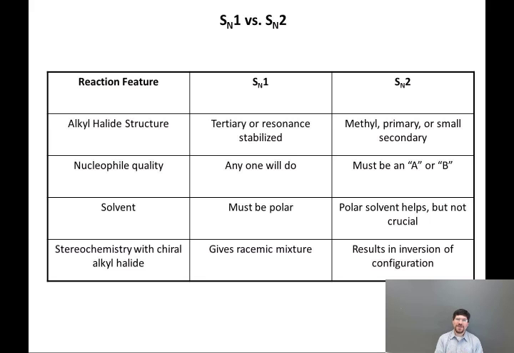Then finally, if you have a chiral alkyl halide, you have to consider the stereochemistry. If you have determined that the reaction is an SN1 reaction with a chiral alkyl halide, you will get a racemic mixture of enantiomers.